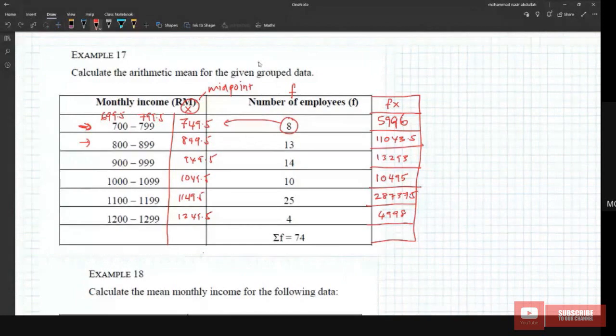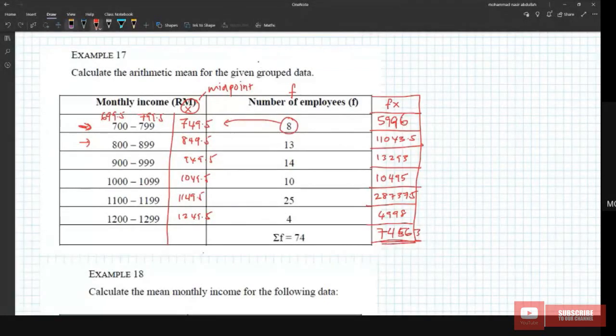Can you confirm for me we get 74563? You get the same answer? 74563. So this is the summation of fx.